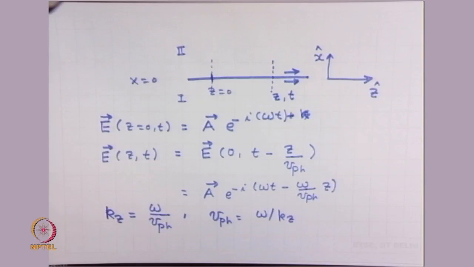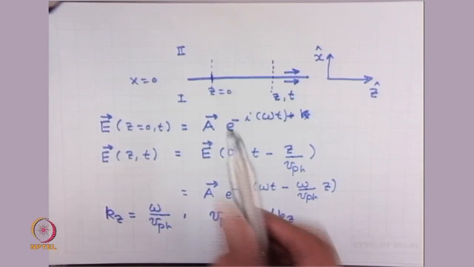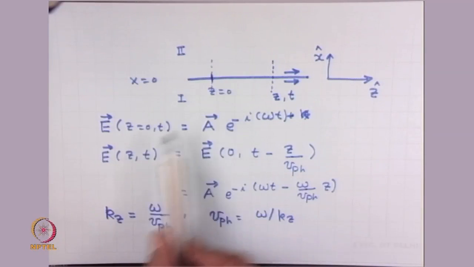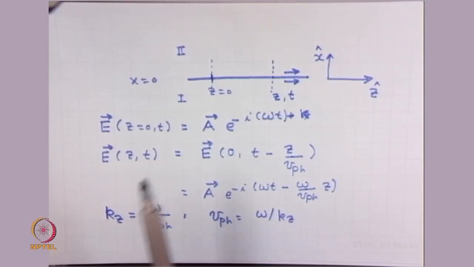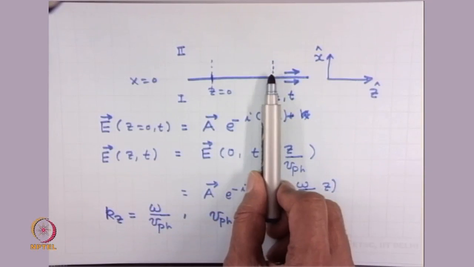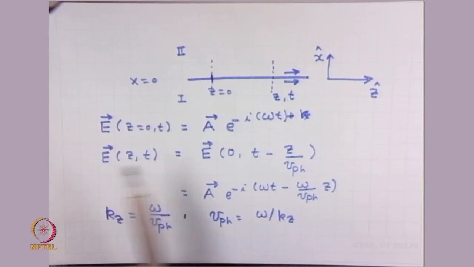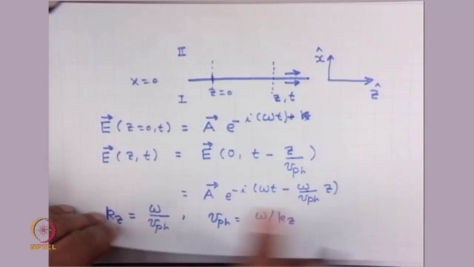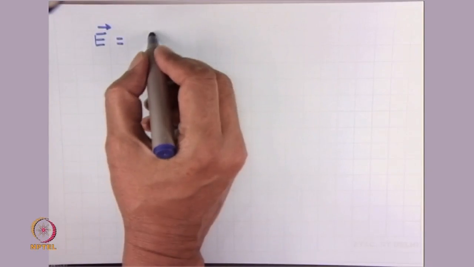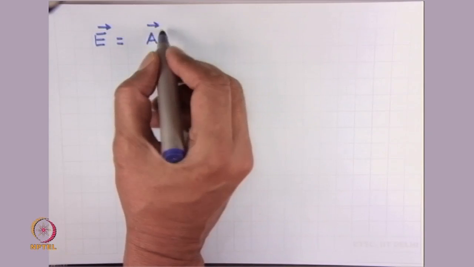So for a wave that propagates without distortion, because this field will have an xy dependence also, the same xy dependence is here. If it is reproduced here at a later time, then the field must have this sort of delayed response, and hence we assume that the electric field of this wave is written as some amplitude which is a function of x.